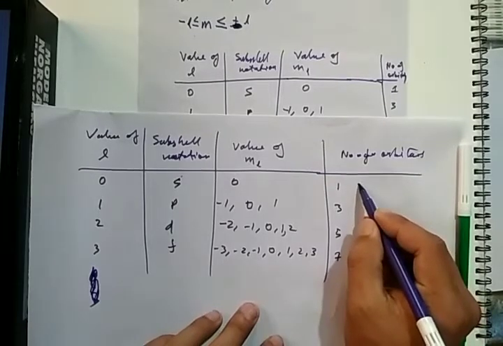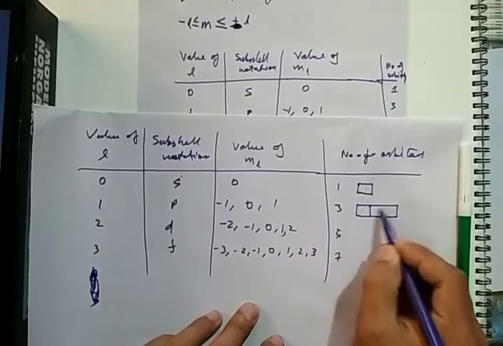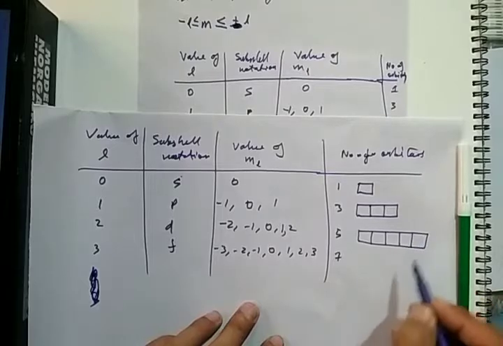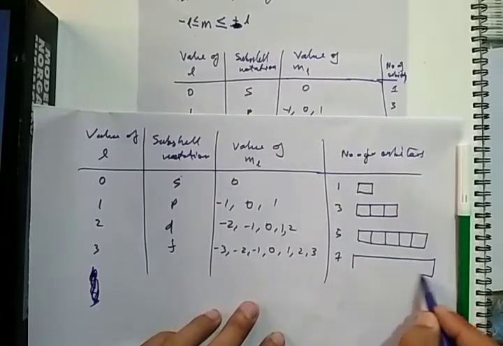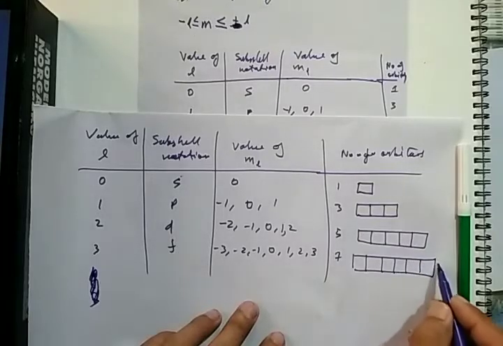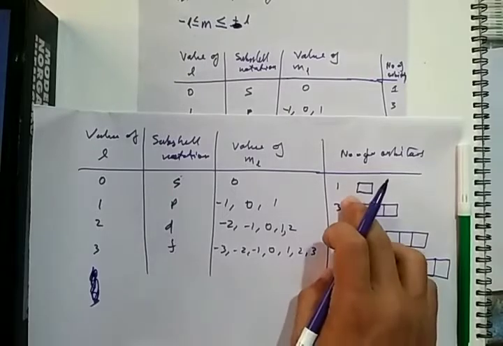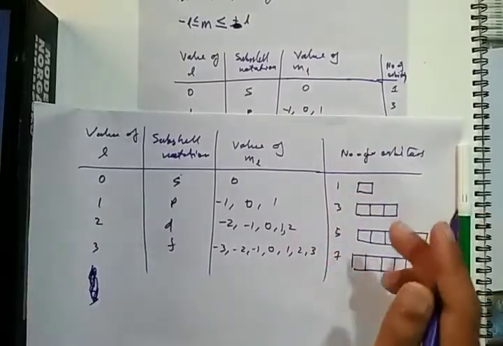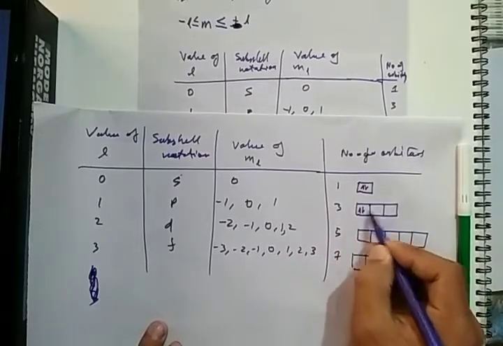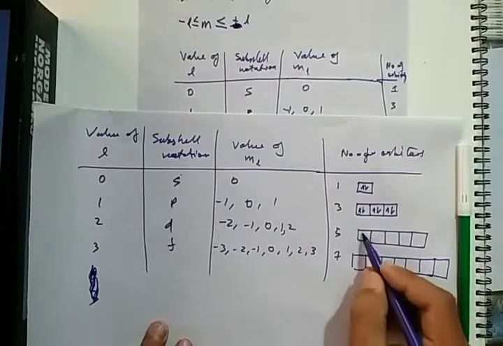So each orbital is represented by a box, like this. In each box, 2 electrons will be present.